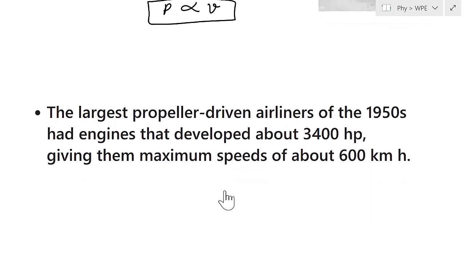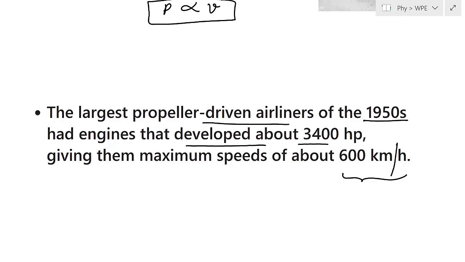And this is a fact that the largest propeller driven airliner in around the 1950s had engines that developed about 3,400 horsepower, giving them a maximum speed of 600 km per hour. So the older airplanes generally used to have a speed of 600 km per hour, and the power developed in those cases is around 3,400 horsepower.